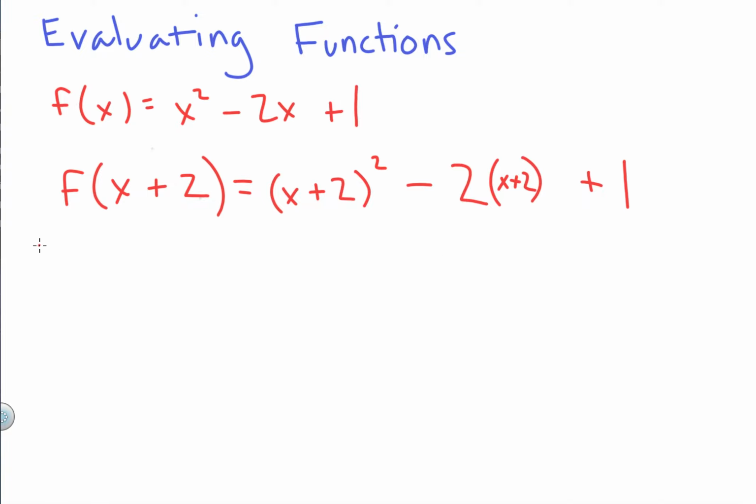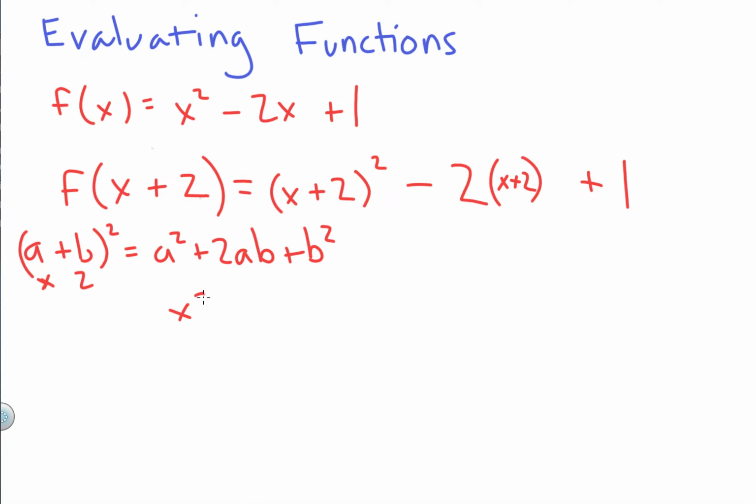Squaring this, remember we have special cases. A plus b quantity squared is going to be equal to a squared plus 2ab plus b squared, where in our case here, the x is the a and the 2 is the b. So we end up with x squared plus, multiply these two together, 2 times x times 2 again will give me 4x, and squaring the 2 gives me 4.